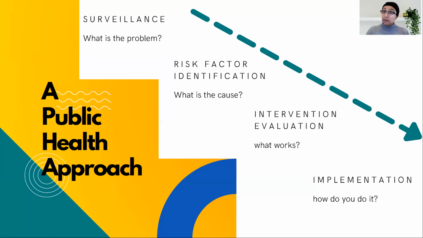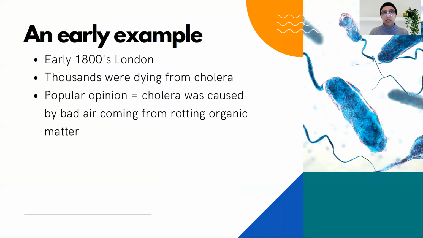So an example, I want us to time travel just a little bit back to the early 1800s London. At this time, thousands of people were dying from cholera. And at the time, popular opinion was that cholera was caused by bad air, also known as miasma, coming from rotting organic matter.